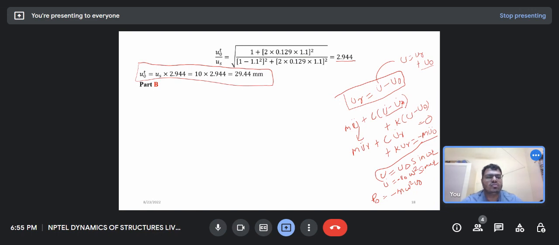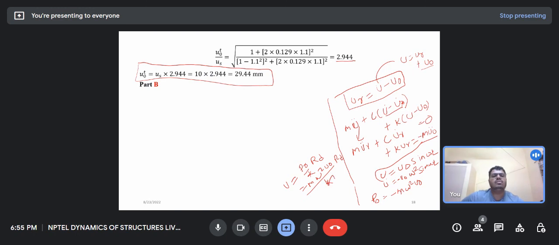Okay. So what is my maximum displacement given to you? u is p naught by k into rd. So p naught is given as m omega square u naught, divided by k, into rd.